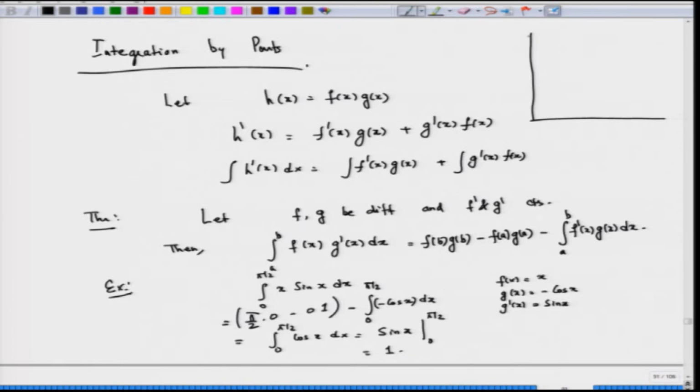You can actually show that the integral of sine to the power n x dx is equal to minus sine to the power n minus 1 of x cos x by n plus n minus 1 by n times the integral of sine to the power n minus 2 of x dx. Okay. That is an application of integration by parts you can see.